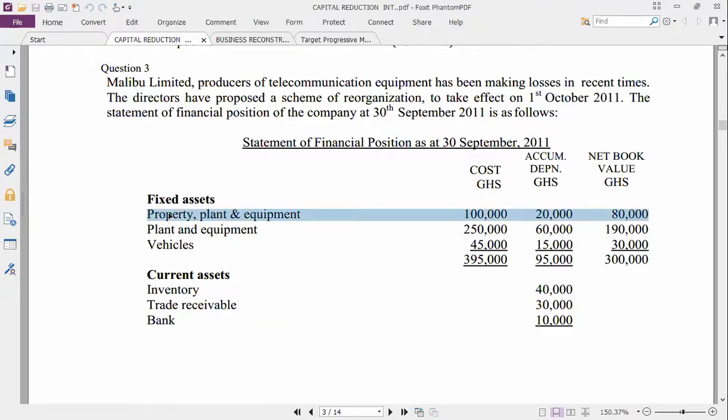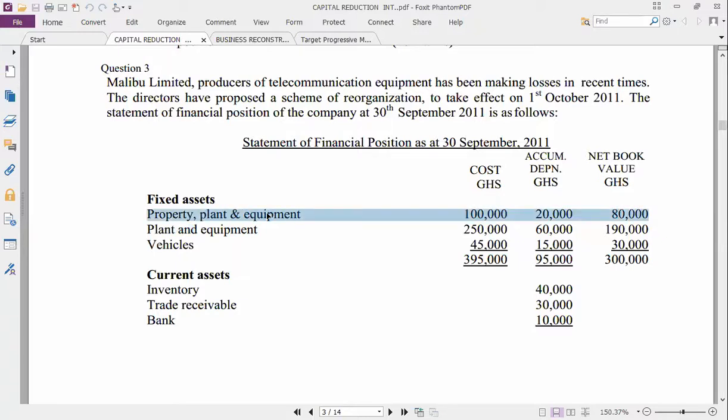So if you get a hard copy, make sure that before I issue the final copy out, all those corrections have been made. So we cancel the whole thing and replace it with freehold. Yeah, it should be freehold property, not PPE.